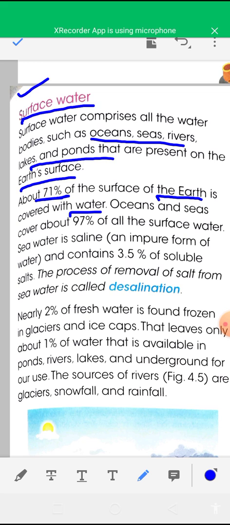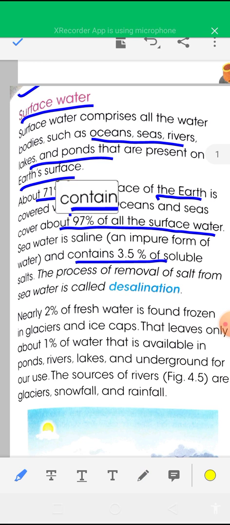Oceans and seas cover about 97% of all the surface water, and seawater is saline water which contains 3.5% of soluble salts. Due to the presence of 3.5% soluble salt in seawater, it is called saline water.